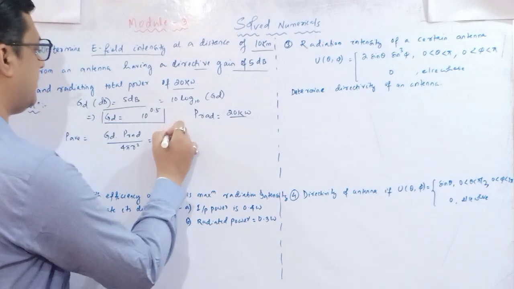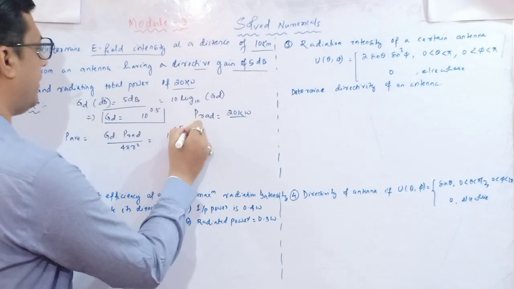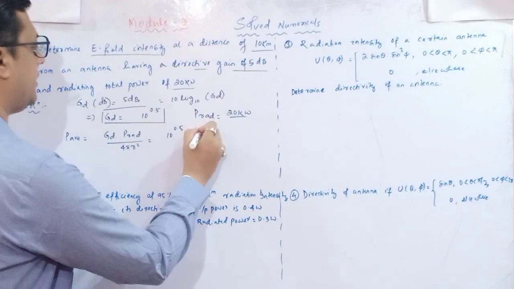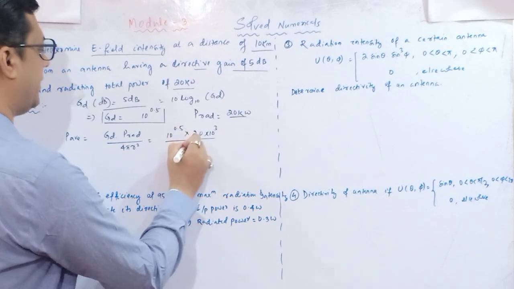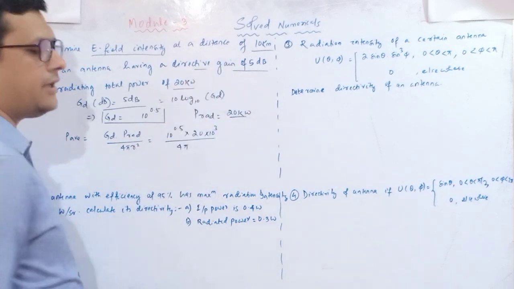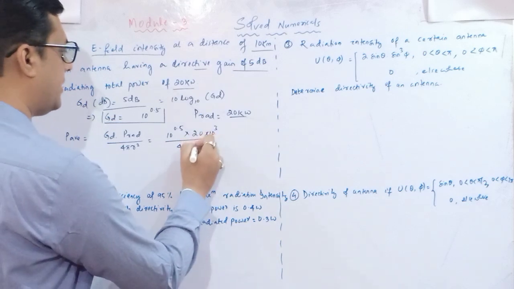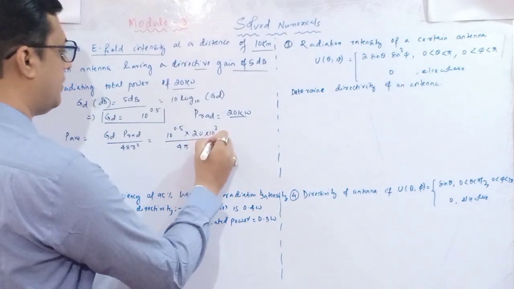G_D is called the directive gain. So directly I will substitute here 10 to the power 0.5, P_rad is 20 kilowatt, 20 into 10 to the power 3, and 4 pi r square. R is how much? 10 kilometer, which means 10 to the power 4, whole square.